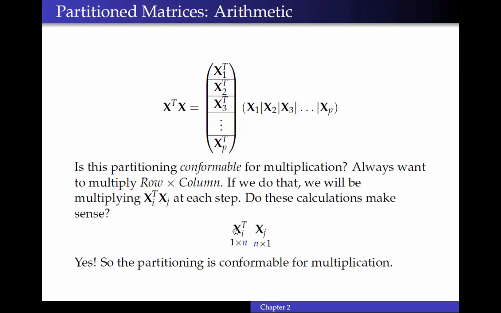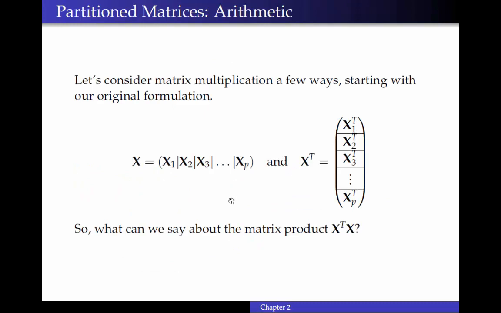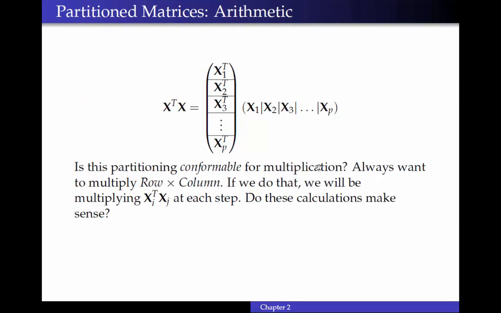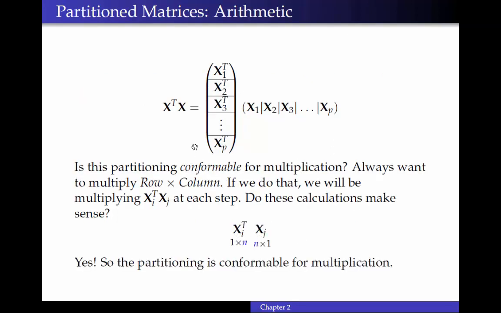X is an n by p matrix, so n observations, p variables. So each row of X transpose is 1 by n, and each one of these columns is n by 1. So yes, there's no problem. We can multiply each of these, and the result of each calculation will be a 1 by 1 matrix, or a scalar.